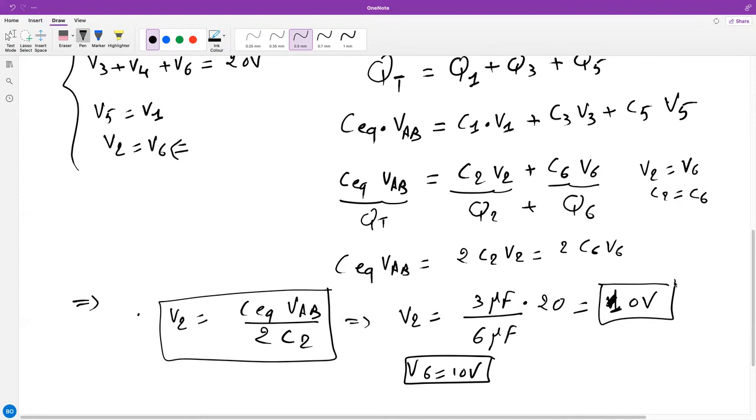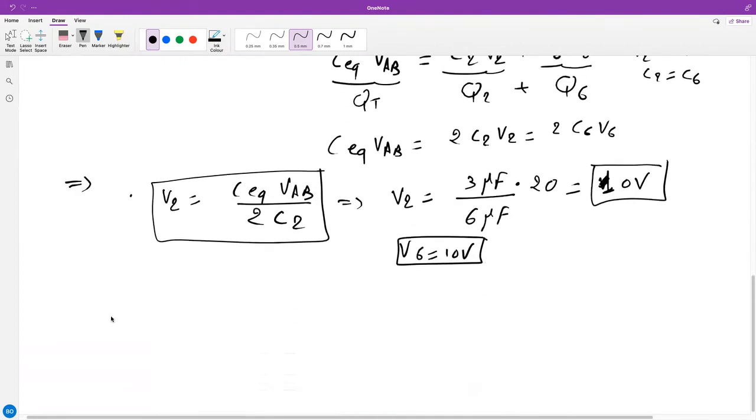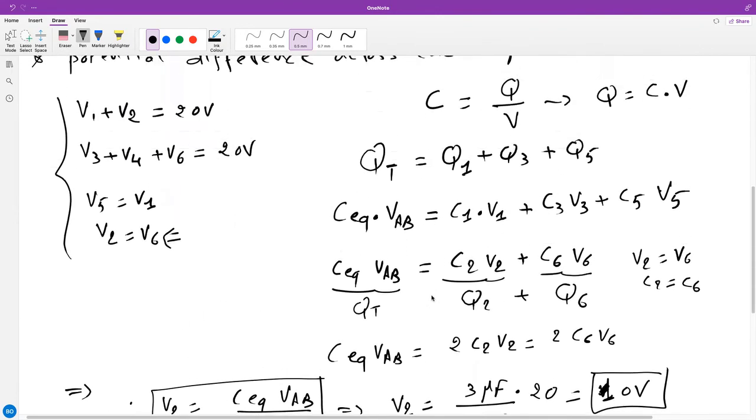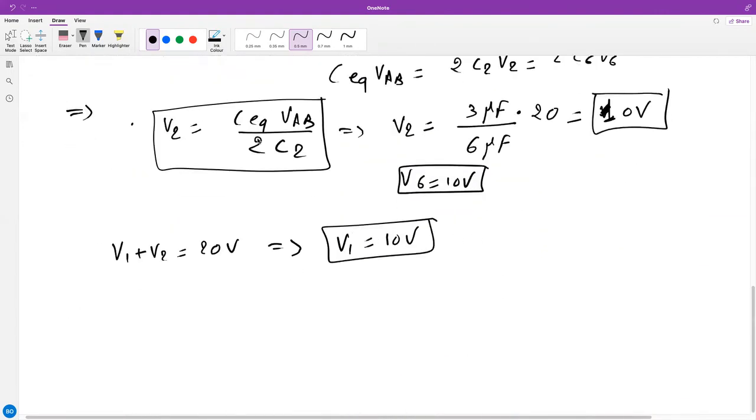Then from those equations, V1 plus V2 is equal to 20 volt, which means that V1 is equal to 10 volt because V2 is also equal to 10 volt. Now let's look at this equation. V3 plus V4 plus V6 is equal to 20 volt.